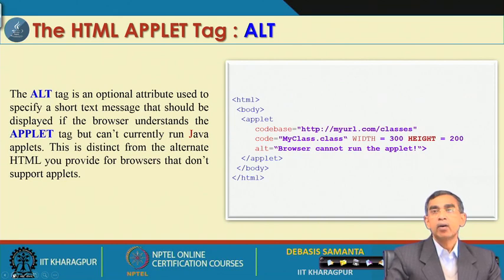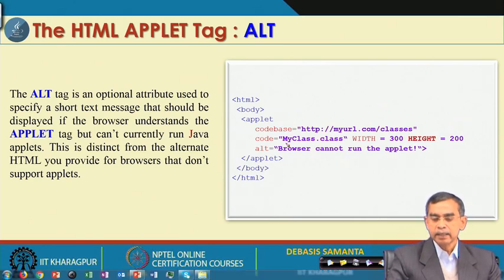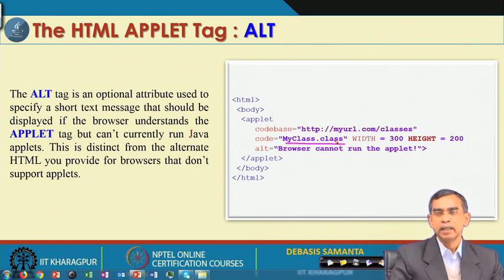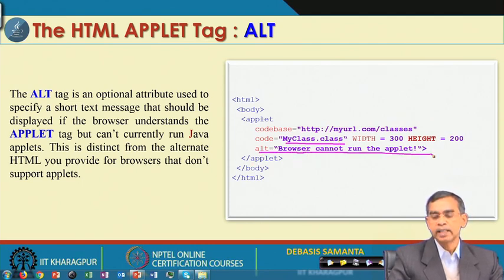And then the alt. Suppose there are some mistakes in your class file, or there is a problem so that it is not able to load successfully, then the browser can give some message to the user. The message can be given by means of the alt statement. In case your browser faces a problem fetching or executing this class file, the message will be shown; otherwise it will not be executed.